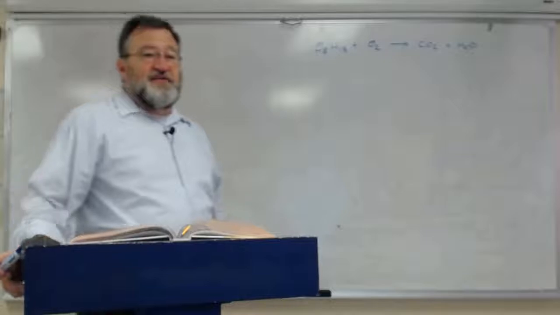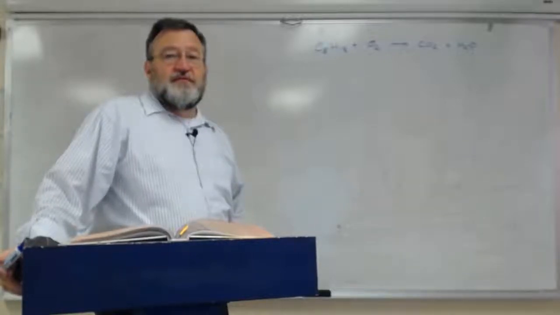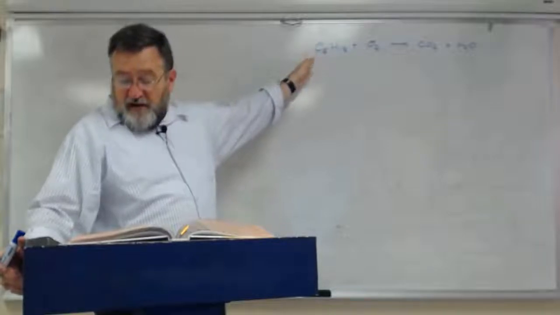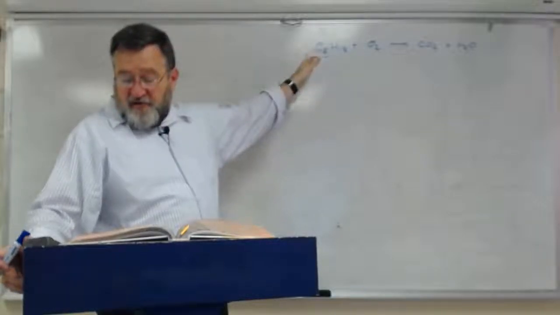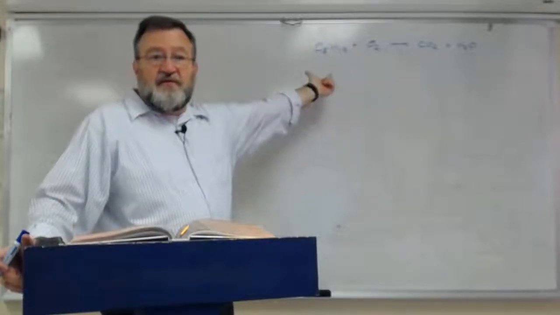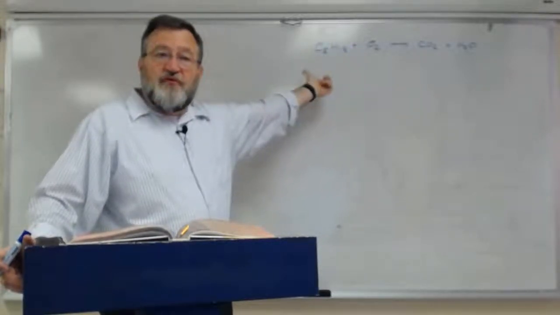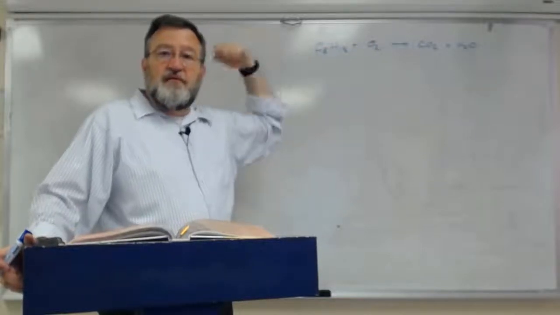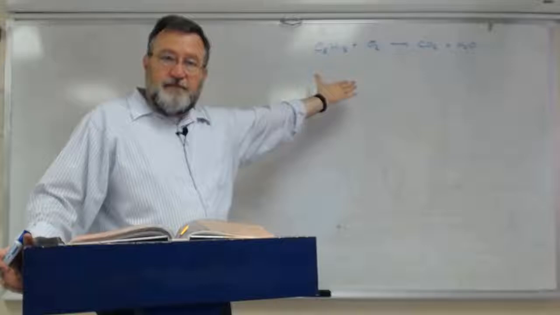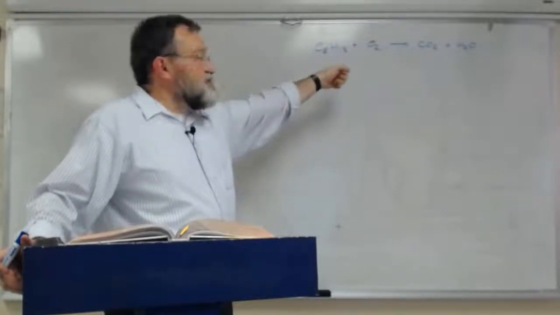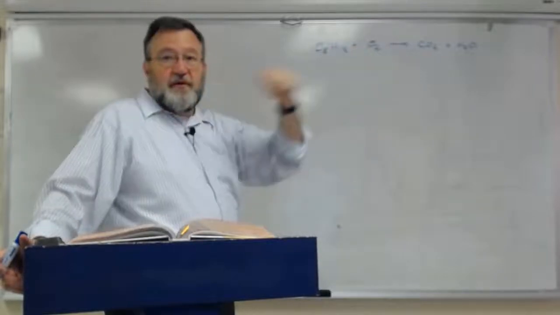What's the first thing you've got to ask? This right here just represents the statement, octane is burned to make gaseous carbon dioxide and water. So I have the products of reaction, I have the reactants. What is not true about this yet? You have to ask yourself, is it balanced? I know that octane and oxygen react to produce carbon dioxide and water.